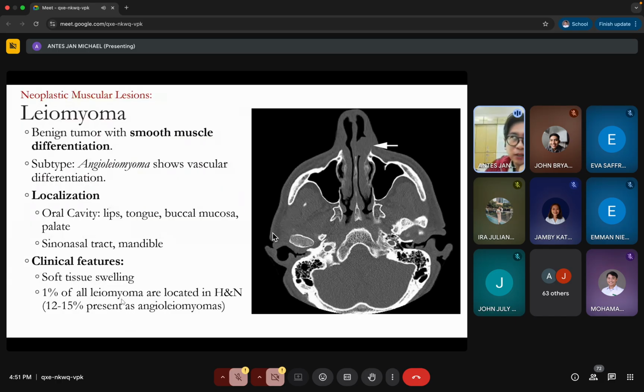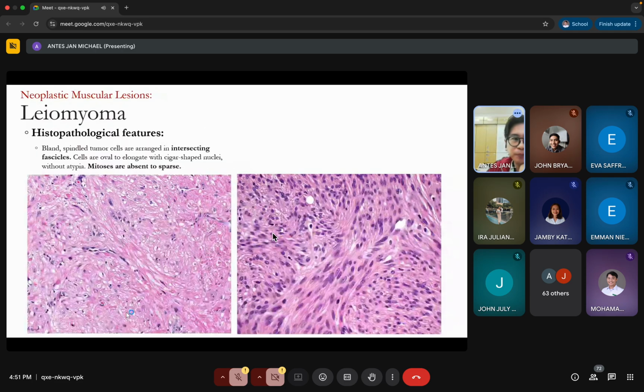So even though leiomyoma is rare in the head and neck, most likely it will present as angioleiomyoma. There is no sex predilection for this lesion; male and female are equal.